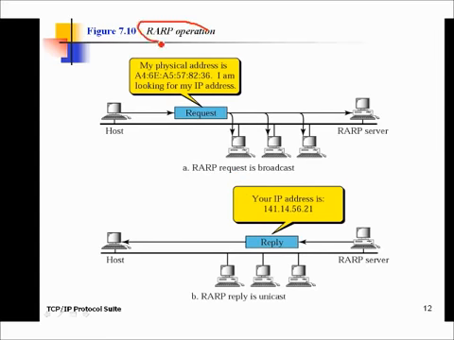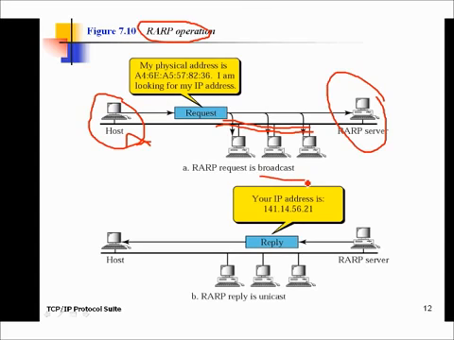In this figure, reverse address resolution protocol operations, we have two sides here, or two hosts: a host and a reverse address resolution protocol server. Host A, for example, sends a request message to all hosts in the same network or on the same link. The request is a broadcast.